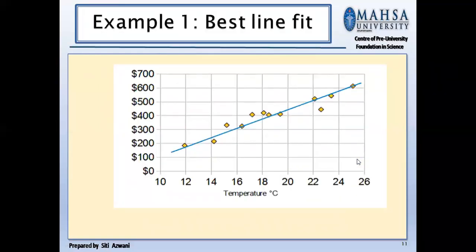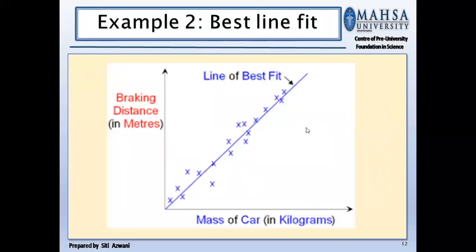So here I have example one, best line fit. You can see here how to draw a line of best fit, using a ruler for a straight line graph. Example 2, here you also start from 0. For the line of best fit, you need to draw in the middle between the data.